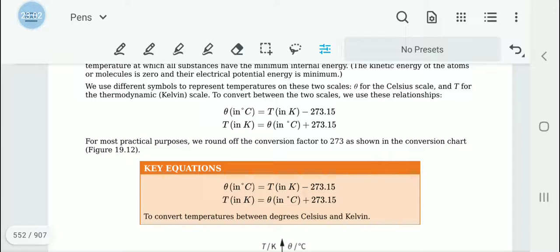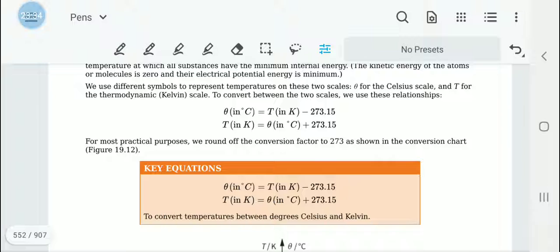Leave a line and write. To convert Celsius to Kelvin, you add 273.15, and vice versa for Celsius, you subtract 273.15 from the Kelvin value.